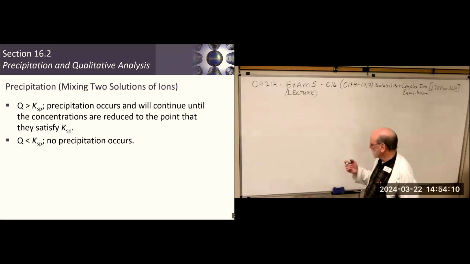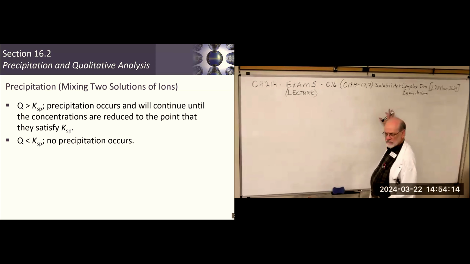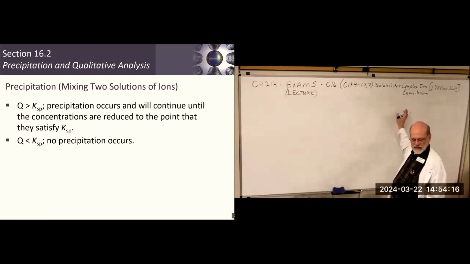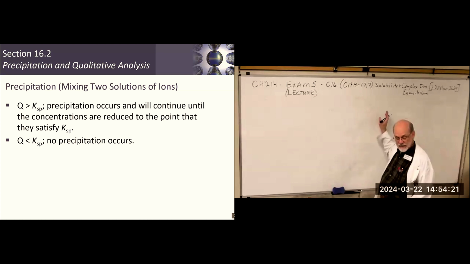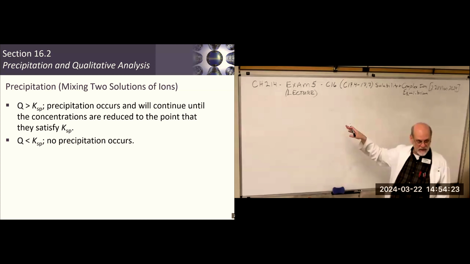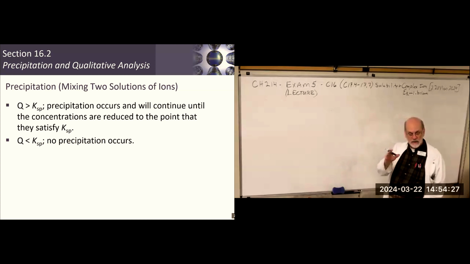Okay, so what we do is we write the equation, and we have the KSP for the equation, like silver chloride yields silver ions and chloride ions. And we have a KSP for that. Then if we know the concentrations of silver and chloride in solution, say once we mix the two together, then we can calculate a Q before the reaction occurs.